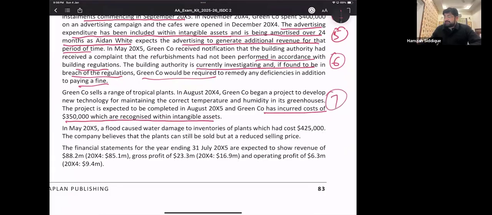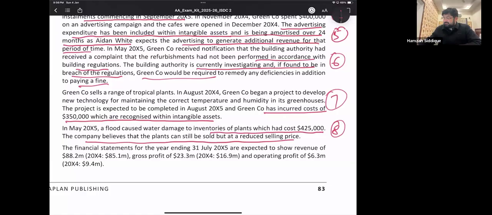Now, 7th point, intangible asset, development cost, again from the same handout. There was a reason I told you. Next point is again from the same. In May 25, a flood caused water damage to inventory of plants, which has cost 450,24. Inventory valuation, damaged inventory. Management believe that it can be sold at a reduced selling price.